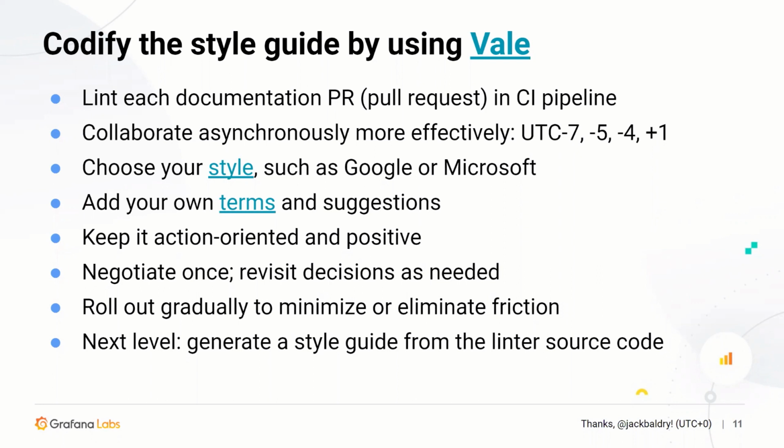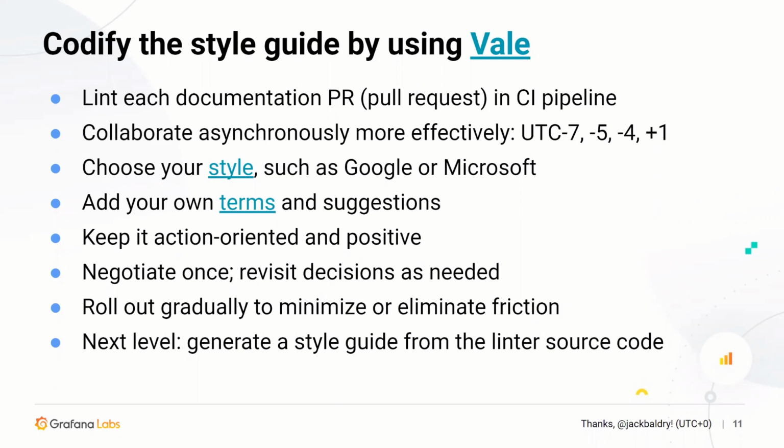We're planning on rolling this out gradually so that we can minimize any friction or eliminate it. What I mean by that is that if we have a bunch of changes from a style perspective, we don't want to have 70 messages going to an engineer because we're introducing something that's saying, let's get these phrases and sentences more uniform across our documentation set. So I'll probably do some of the heavy lifting in terms of the details that need to be changed.